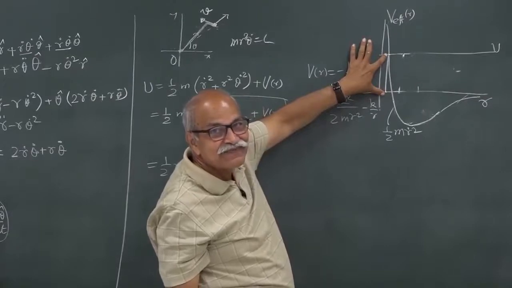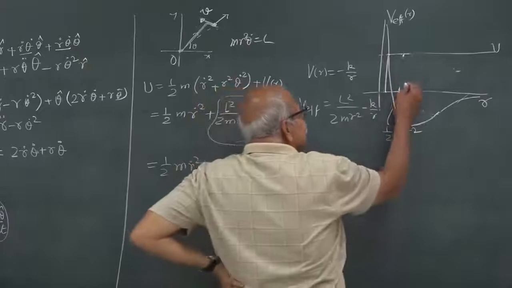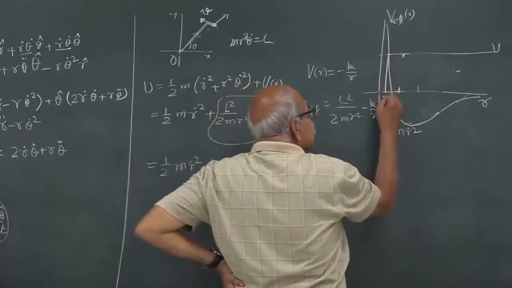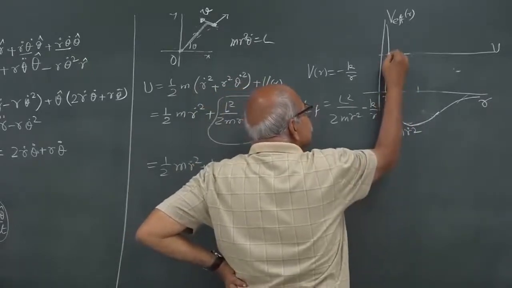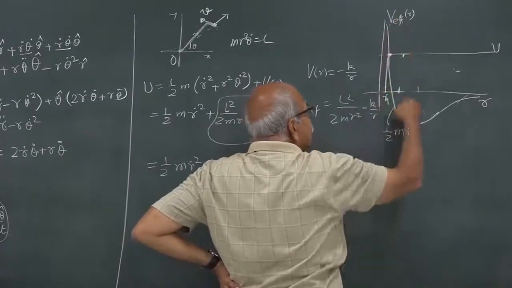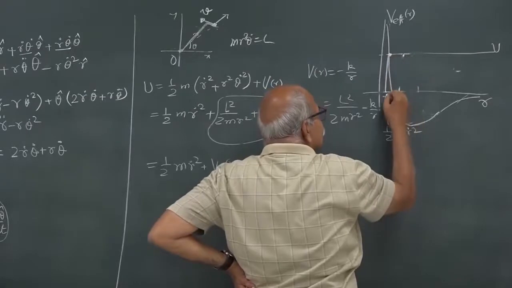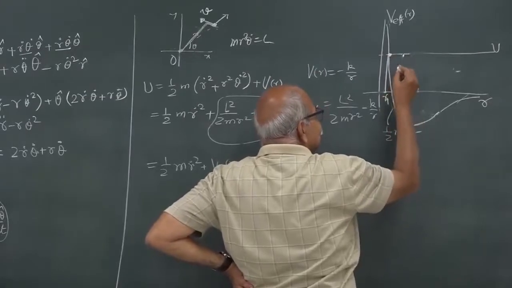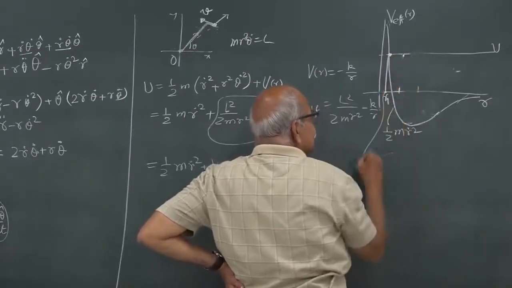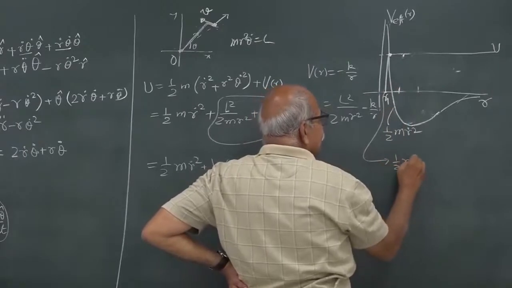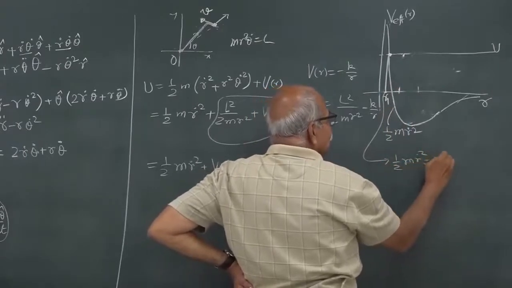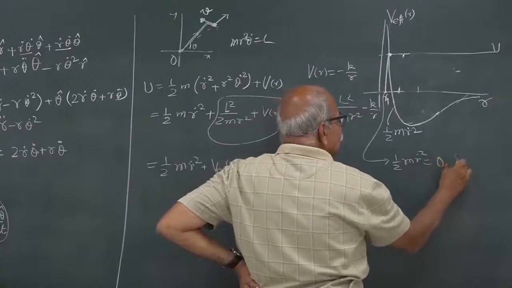How much is half m r dot square? 0. So, when the particle reaches this point, let me call it r1, and the corresponding point on this curve is here, then you have half m r dot square equal to 0. So, for this r1, half m r dot square is 0, so r dot is 0.